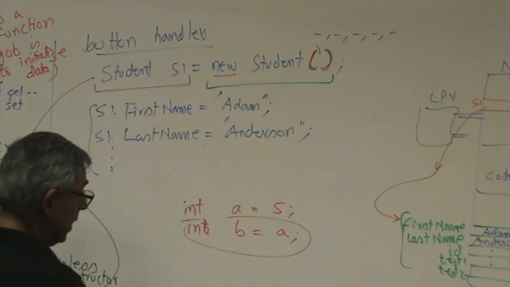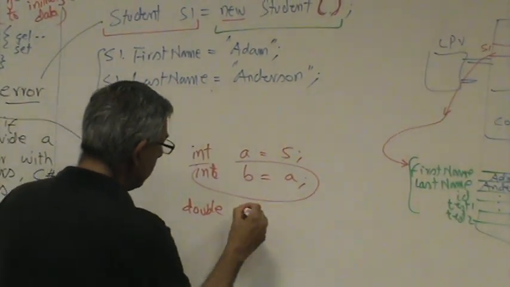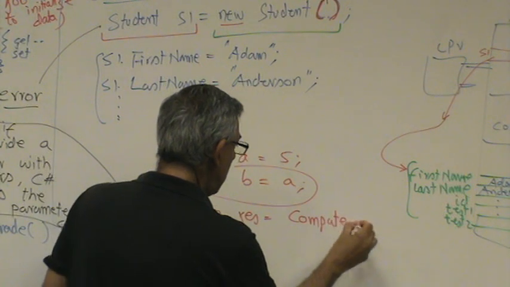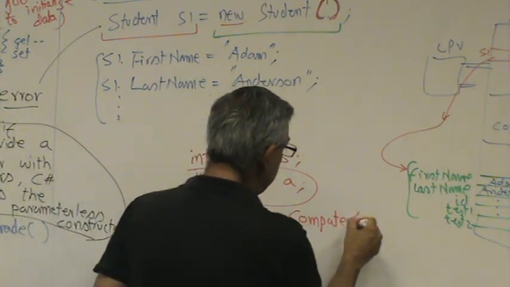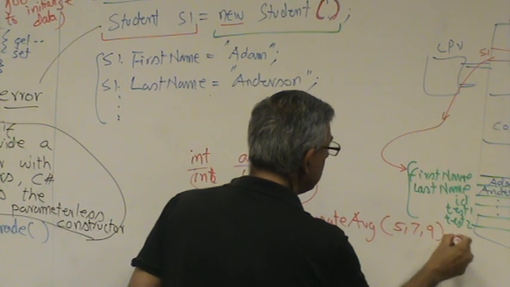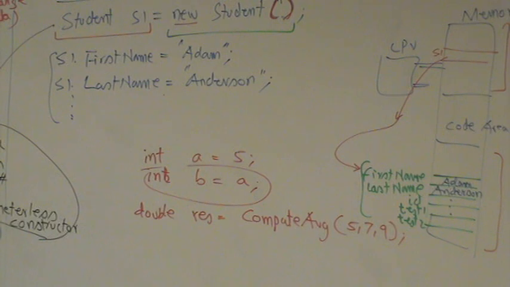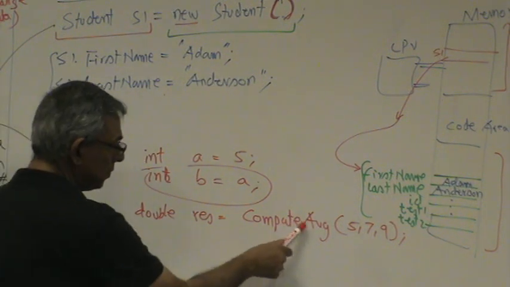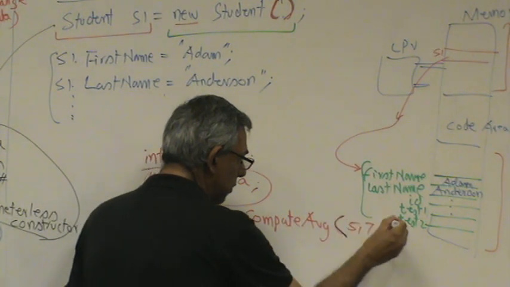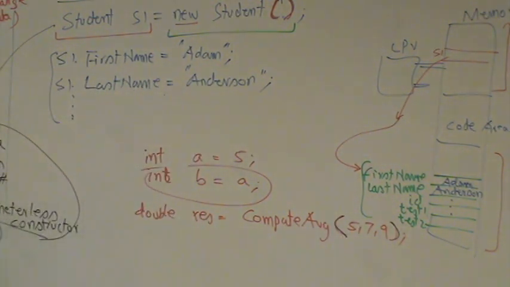But what if I say, let's say double result equal to compute ABG, let's say 579. Pretend we have something called compute ABG. So what does this mean? What are we doing over here in this compute ABG? We are calling a function, right?